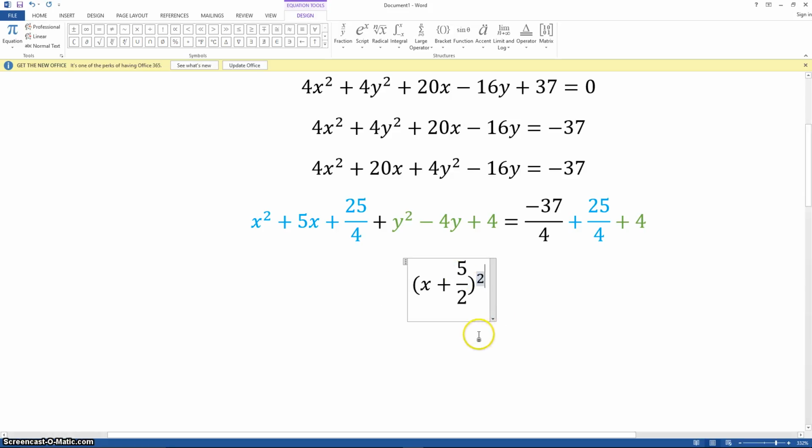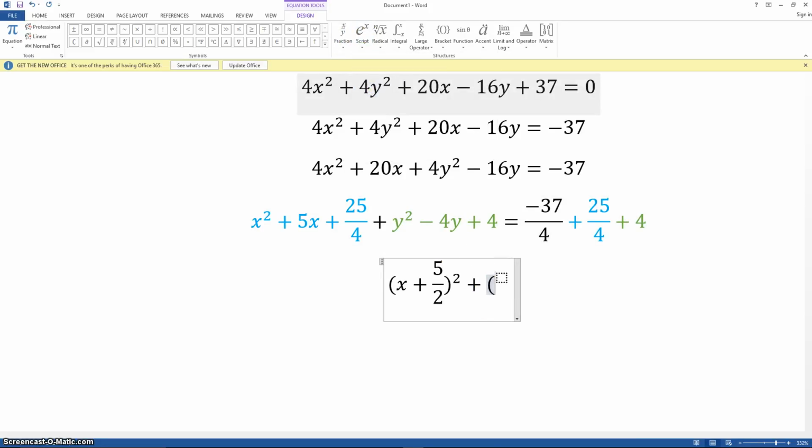So that's the whole purpose of completing the square, so you can force whatever you're dealing with to be a perfect square. So that when we expand this (x + 5/2) squared, you end up getting x squared plus 5x plus 25/4, plus, and then we're going to do the same thing for the y variable.